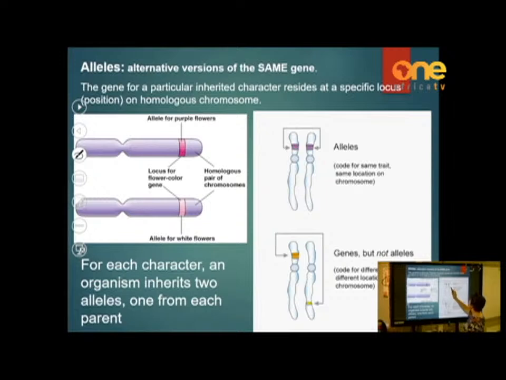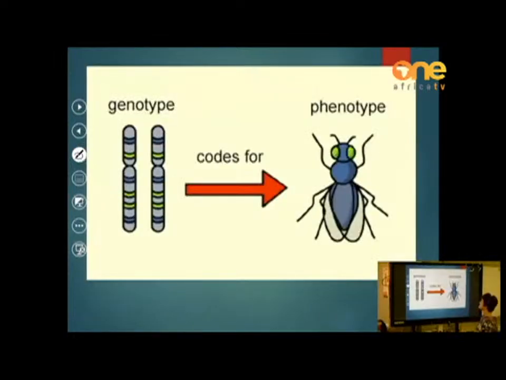Why? They are for the same trait on the same location on two different chromosomes. But if I have a spot there and a spot there, it will tell me that it is two different genes. It will code for two different characteristics or traits.